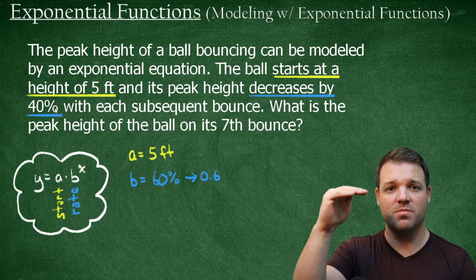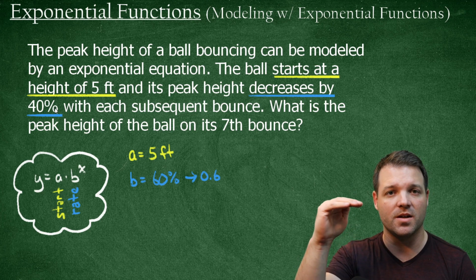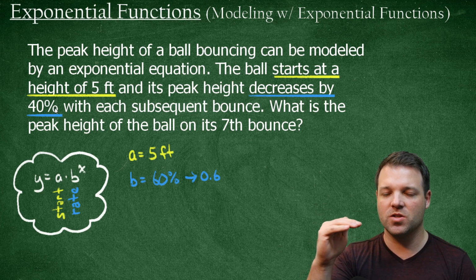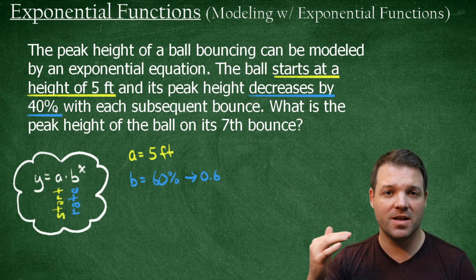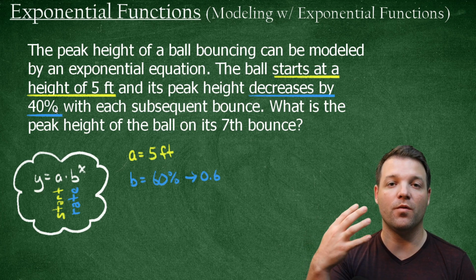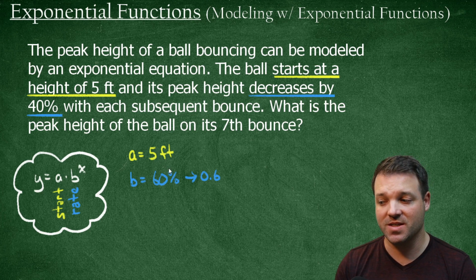Every time it bounced back 100% of where it started, 100%, 100%, 100%. But in this case, it's decreasing by 40%. So 100% minus 40% means every time it's going to be 60% of whatever it was before. So that means our rate is going to be 60%.